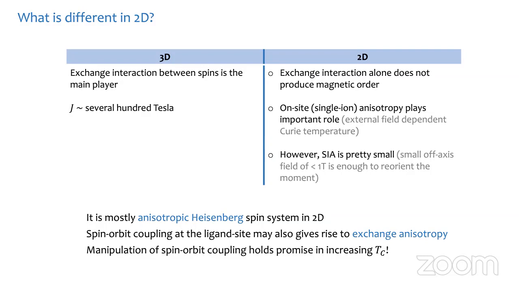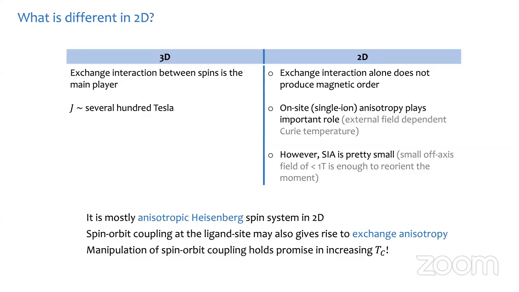B, your on-site anisotropy, or what you call single ion anisotropy, will play a very, very important role. Okay, so that's coming out from the fact of the external field dependence of the Curie temperature. Also, while this single ion anisotropy is important, this experiment is also telling us that the single ion anisotropy in this material is very, very small.